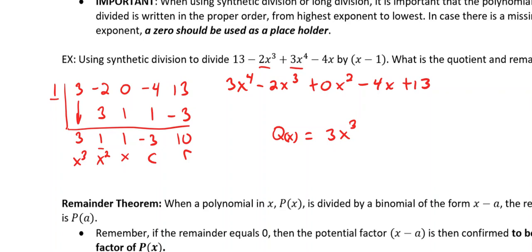So now our quotient would be 3x cubed plus 1x squared plus 1x minus 3. And then it just has a remainder, R of x, which would just be 10.